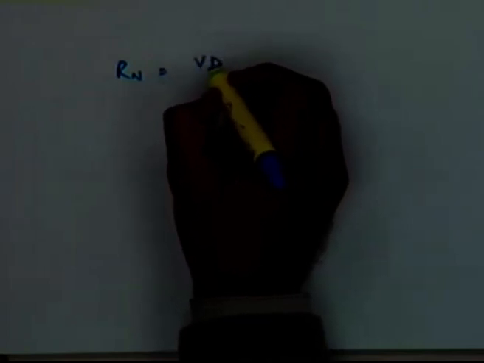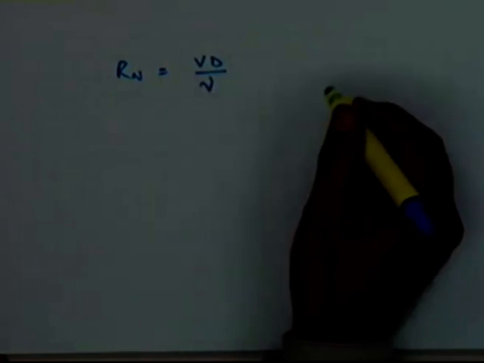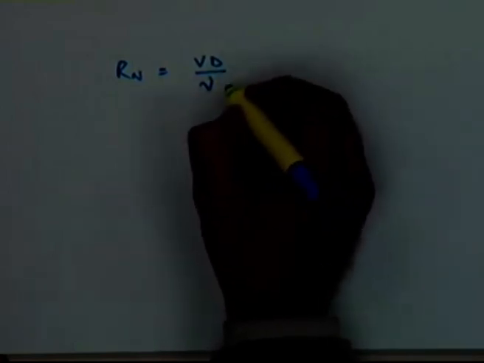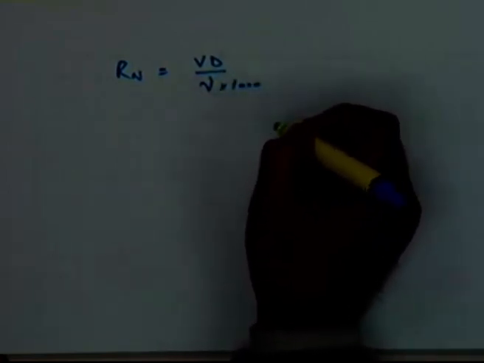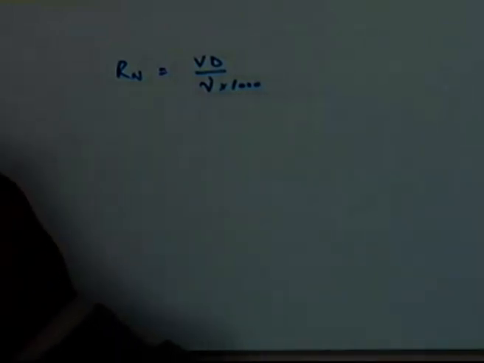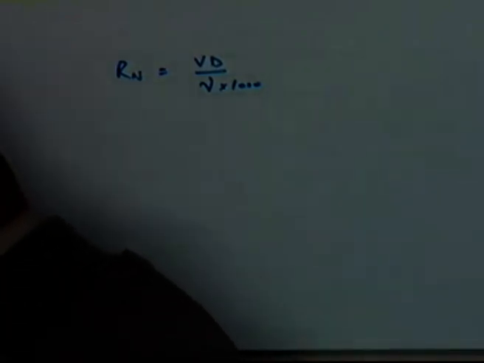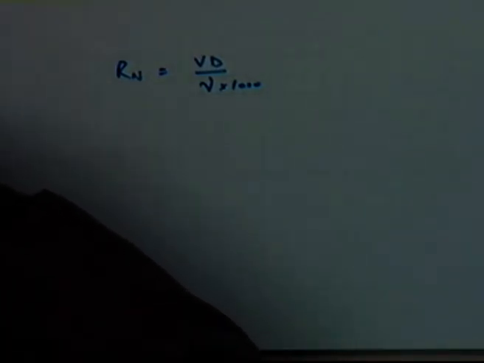As you know, the Reynolds number is expressed as Vd by nu, and because of the various units which we are using for different items, we'll put a constant of 1000 also.